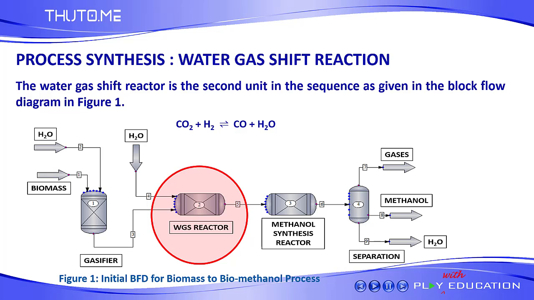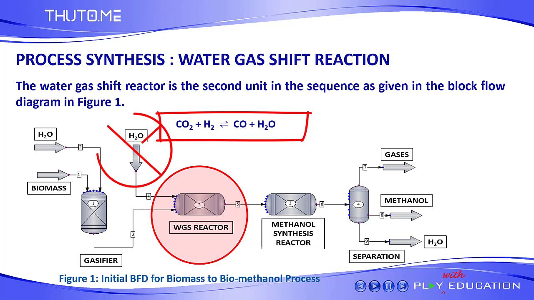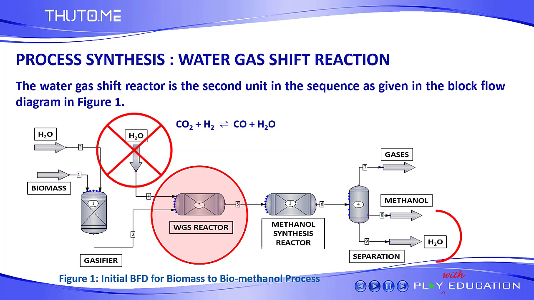The water gas shift reactor is the second in our sequence, or in our block flow diagram. And remember, the way the reaction is going to occur is in the direction of using up CO2 and H2 to produce CO and water. So what this essentially means is that there will be no water feed to the water gas shift reaction, because we don't need water in the reaction.